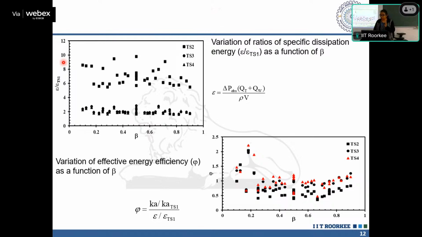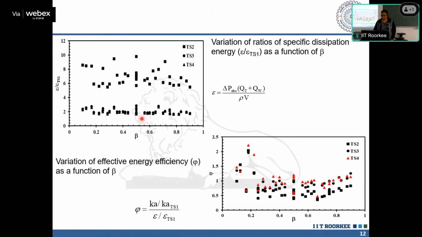What is the viscous dissipation in TS1? Why this? We want to understand: TS1 gives me the least efficiency, and I want to increase the efficiency. So what is the viscous dissipation increase for that? What is the increase of energy loss for TS2, TS4 and TS3?